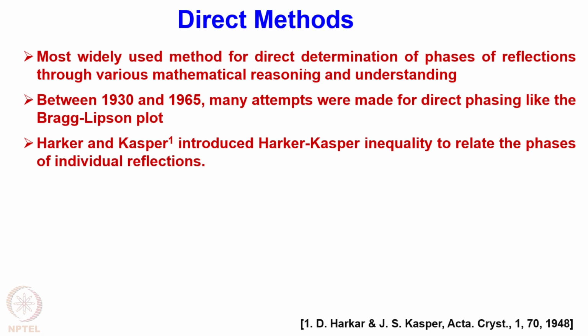Using the Harker-Kasper inequality, one can write that F_HKL squared is less than or equal to F_000 squared, where F_000 is the amplitude of the structure factor at the reciprocal lattice origin.